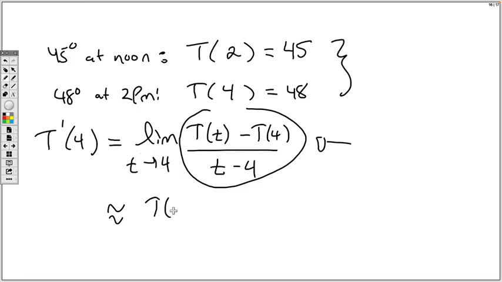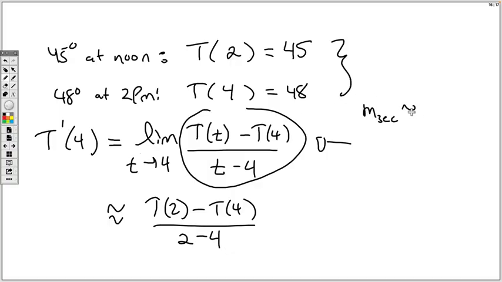So it's going to be roughly T of 2 minus T of 4 over 2 minus 4. Do you see why it's an approximation here, folks? You can think of this as the slope of a secant line approximating the slope of the tangent line, an average rate of change approximating the instantaneous rate of change.